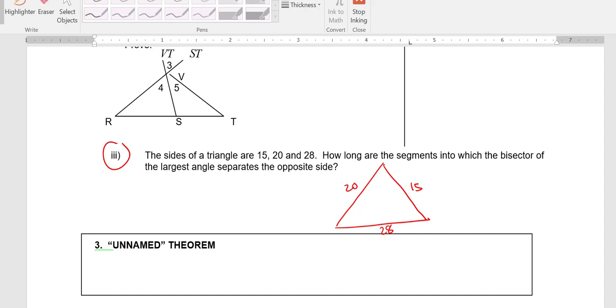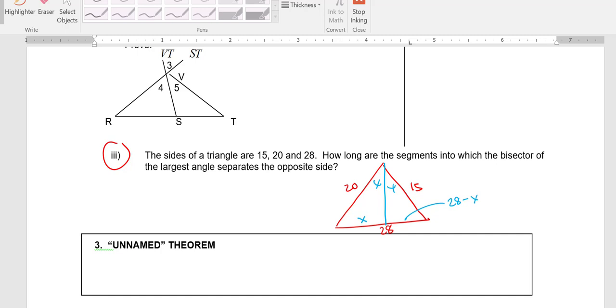This one up top will be the largest because it's opposite the longest side. So it's going to be an angle bisector here, and you try to figure out what these segments are going to be. So this is x, and let's call this 28 minus x.